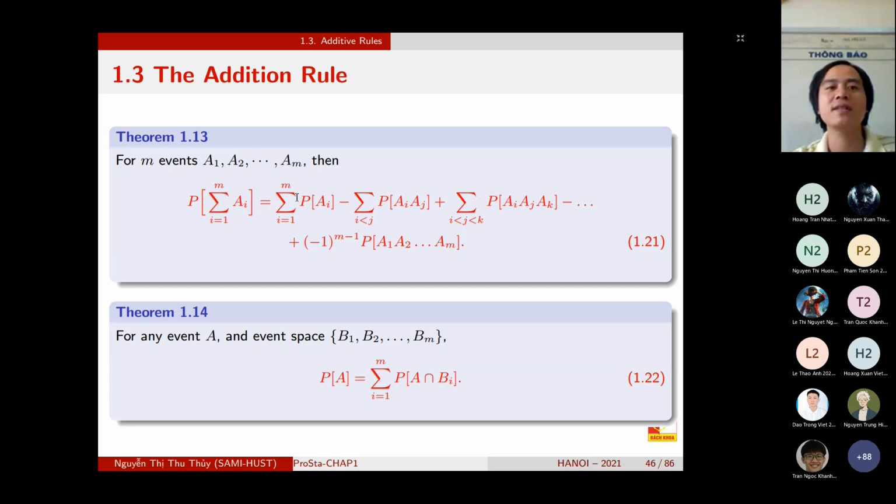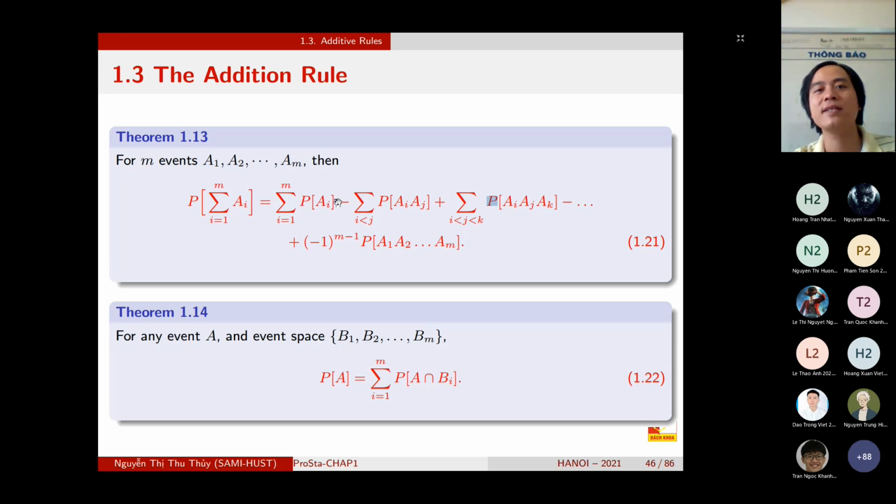Firstly we take the summation of the probability of one event, then we subtract the summation of the probability of 2 events, then we add the summation of the probability of 3 events, and so on.